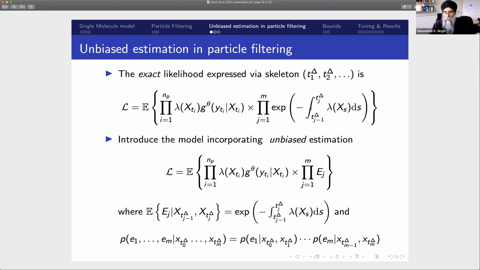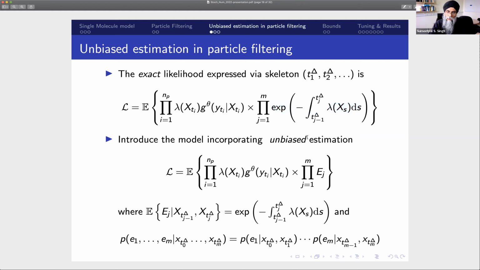I had a path integral from time 0 to capital T. Now I collapse it down into a product of m different path integrals, given by these exponential terms. Now, this is what I want to estimate, but I can't compute it because it involves simulating the diffusive motion continuously in between these time instances, T delta j minus 1 and T delta j.